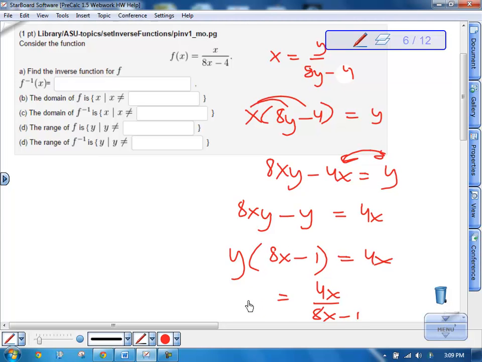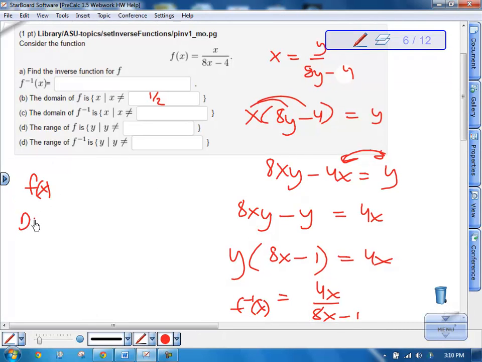So now I'll just call that f inverse. Now, I asked some questions. It says the domain of f is all real numbers except x can't be, well, we know x can't be 1/2. Because if we stick in 1/2, we get 0 in the bottom, and that's a problem. The domain of the inverse is all real numbers except for, well, let me look at f of x here.